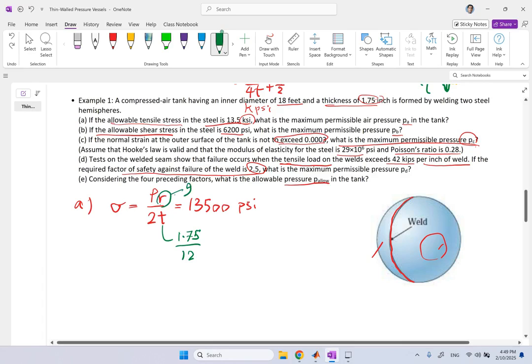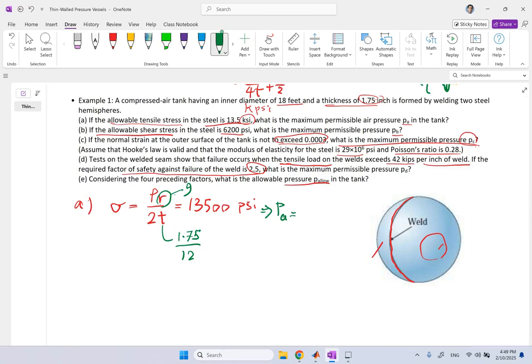From here, we can easily come up with the first maximum pressure. So we solve for P and call it P_A. And P_A, if you calculate it, is 437.5 psi. This is the maximum for no failure due to maximum normal stress.